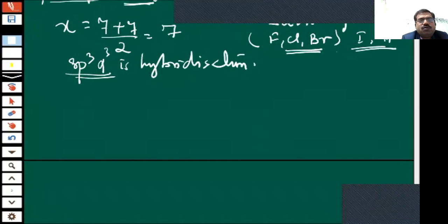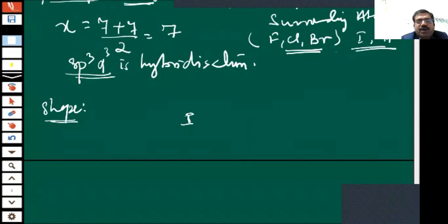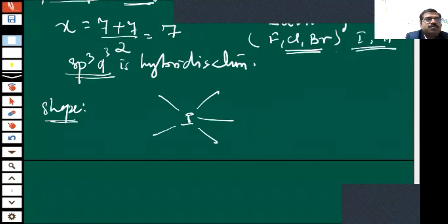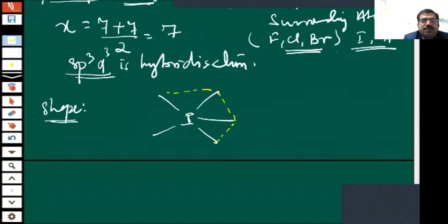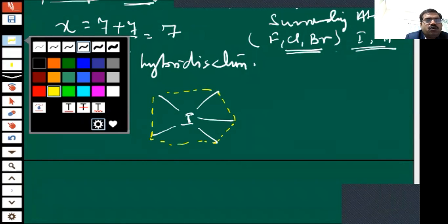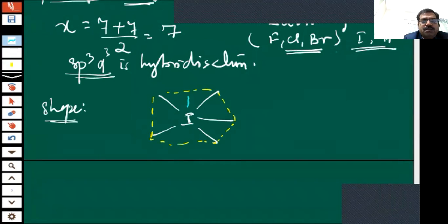So what should be the shape? This is iodine, and we have to adjust 7 fluorine atoms. Five of them will be in one plane, and the other two fluorines will be above and below.